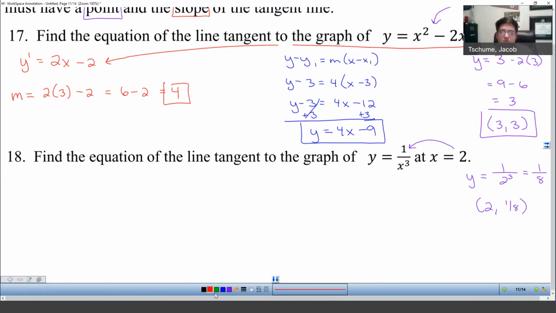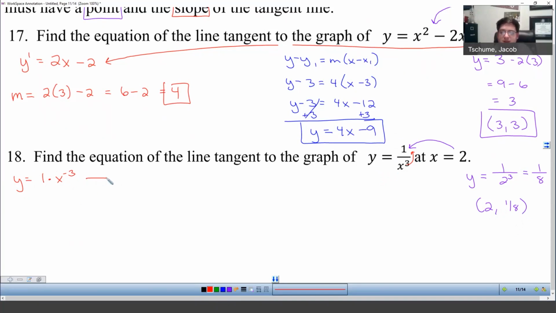I need to find my derivative, but I can't take the derivative of 1 over x cubed as it sits. I need to rewrite this. So first thing I'm going to do is bring that x cubed to the top and rewrite this as 1 times x to the negative 3.